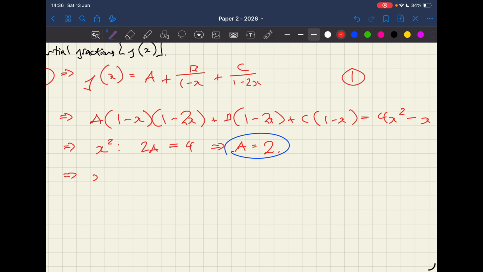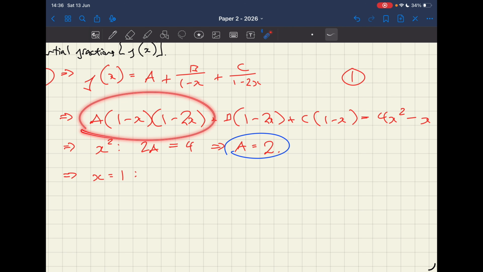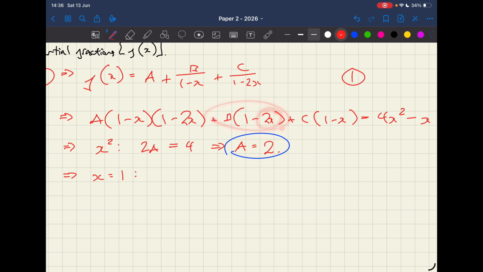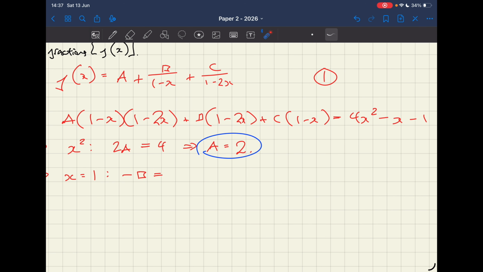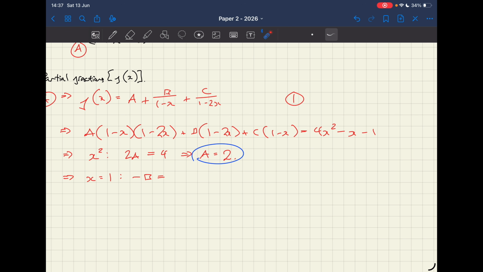Let's keep going. What can we say then if we plug in a value of 1? So make x equal to 1. What do we get? This whole thing goes away, yeah? We get 1 minus 2. So that's going to be minus 1, so it's minus B. And over here then, I do 1 squared minus 1 minus 1. So 4 lots of 1 squared minus 1 minus 1.